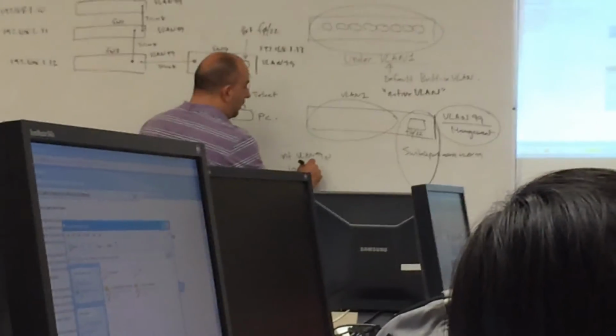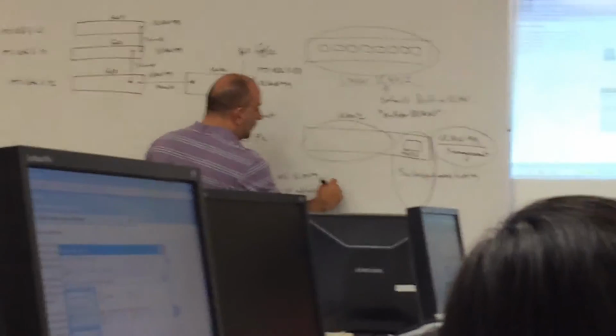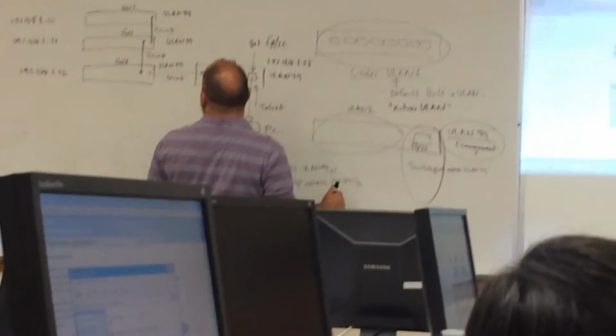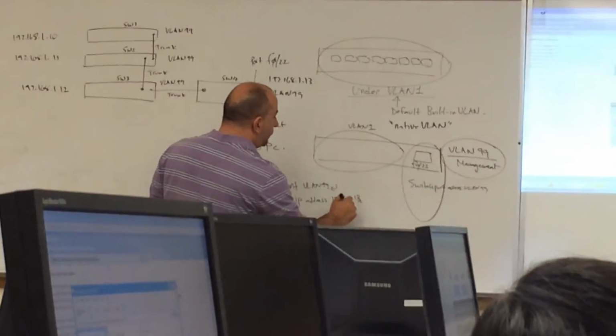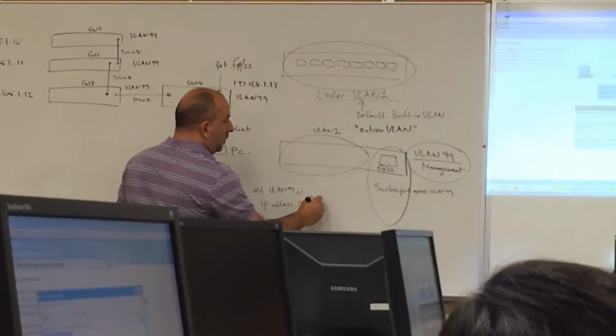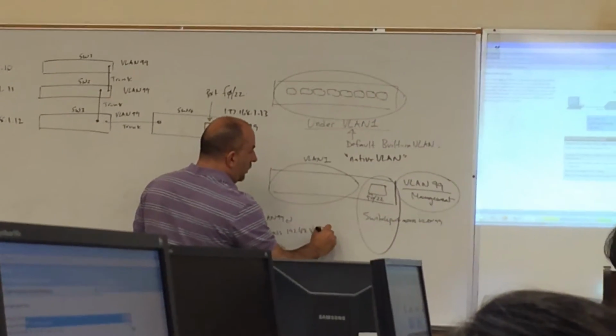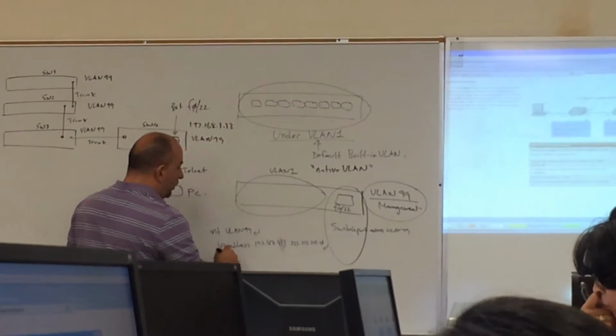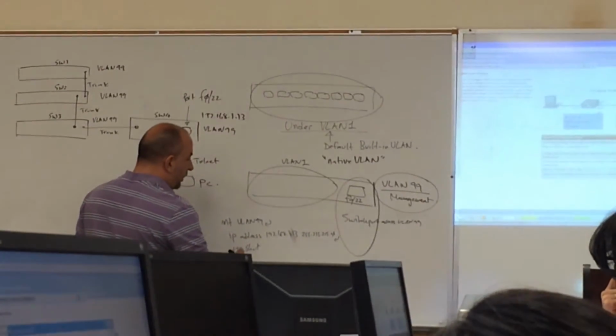You go inside interface VLAN 99, and then you put in an IP address. You could say no shutdown if you want, exit.